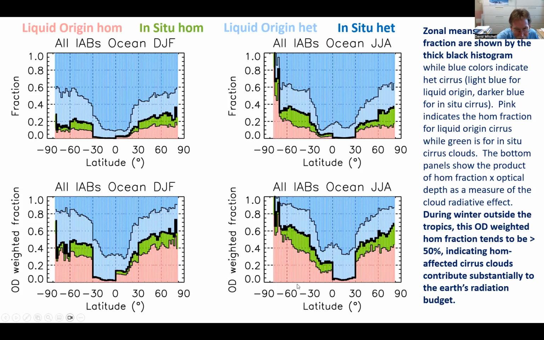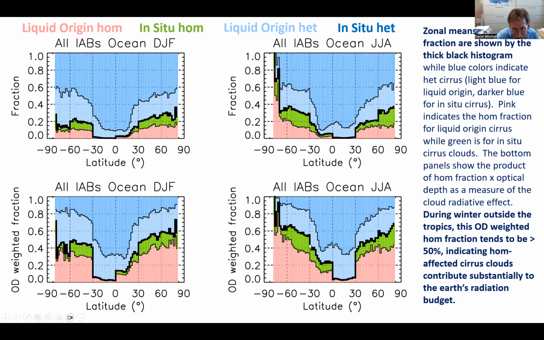Also, we can multiply the fraction of hom cirrus by the corresponding optical thickness. And when you weight it by optical thickness, you get these bottom panels here. And that is showing sort of a proxy for the cloud radiative effect. We did look at cloud radiative effect calculations from the Hong and Liu 2015 paper, and it did seem to correspond pretty well with that. So I think that's a reasonable way of looking at it.